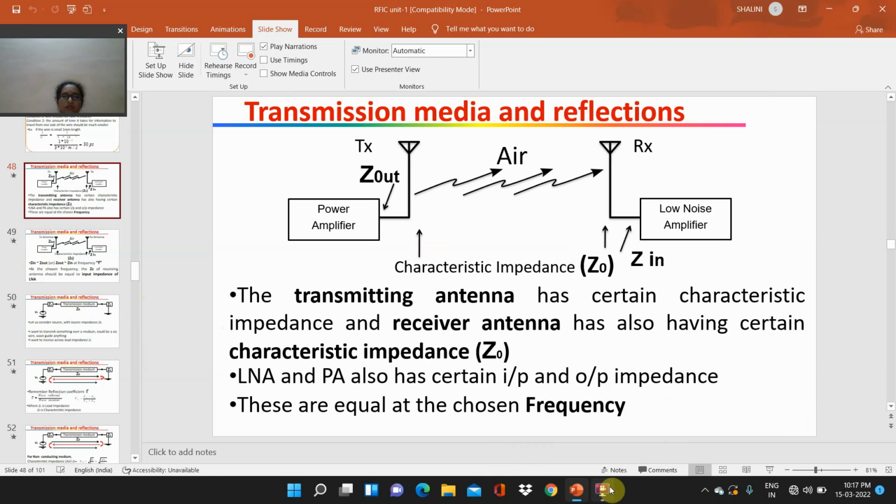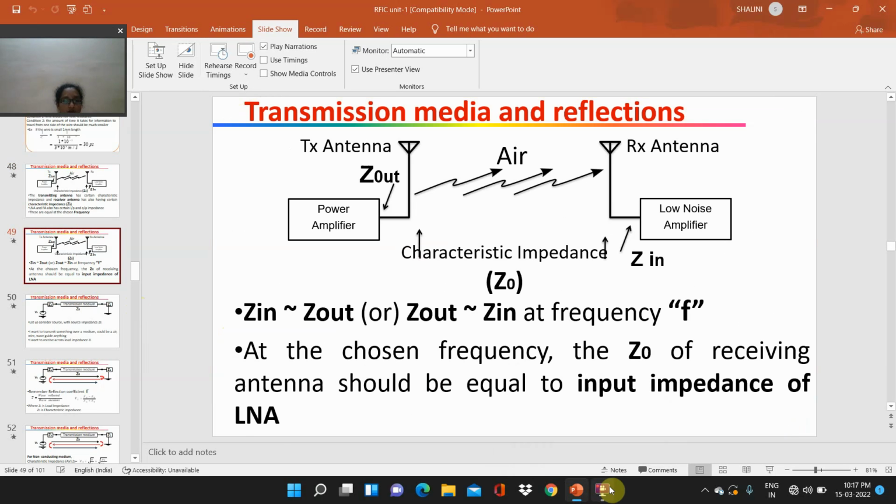The transmitting antenna has a certain characteristic impedance, and the receiver antenna also has a certain characteristic impedance, and the LNA and PA also have certain input and output impedances. These are equal at the chosen frequency, that is omega naught.